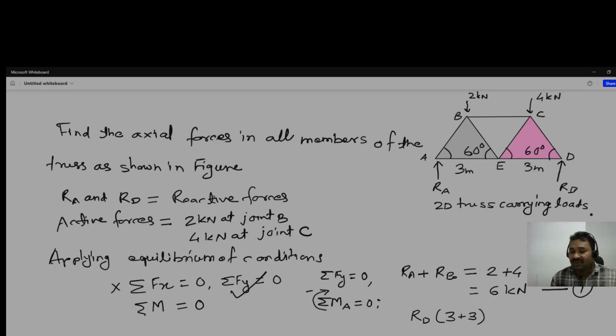The 4 kilonewton force is acting vertically downward, and it will try to rotate the joint A clockwise.